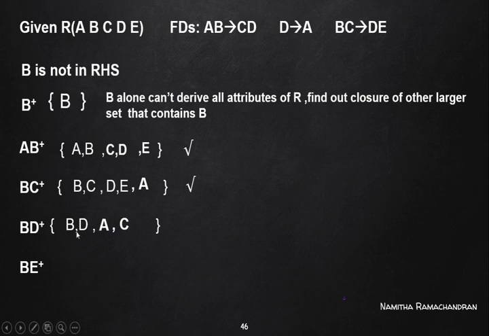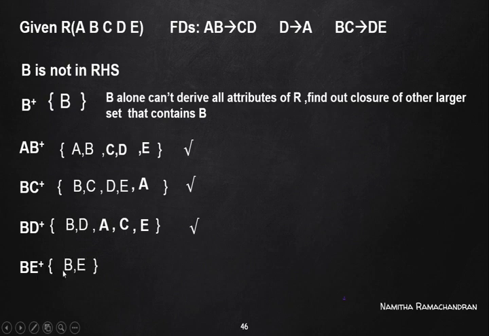Then from this BC, it can derive D and E. D is also already available here, so add this E to this set. Again, this BD, minimal set BD can derive all the attributes uniquely here. So this forms the next possible candidate key for this relation R. Again check for this BE.